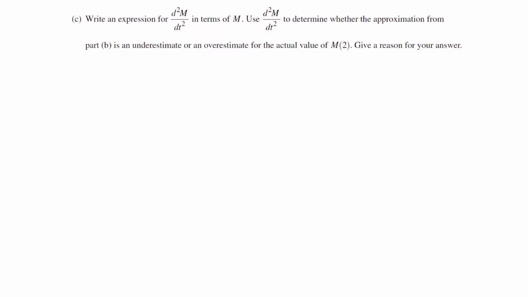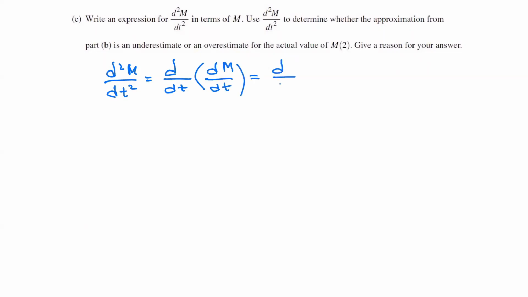To do that, let's first calculate the second derivative, d squared m over dt squared, which is the derivative of the first derivative. This is equal to the derivative of 1/4 (40 - m of t).